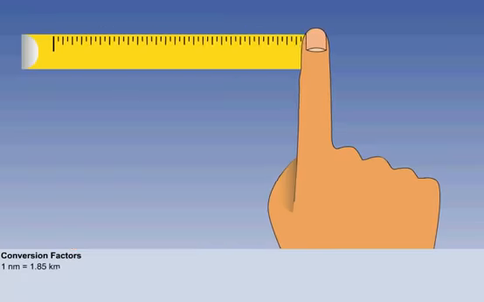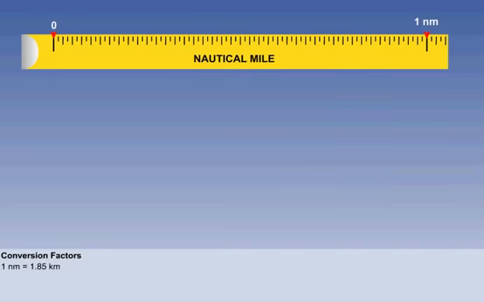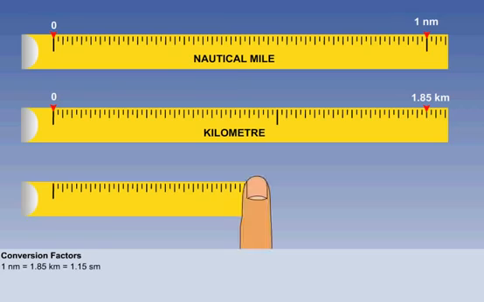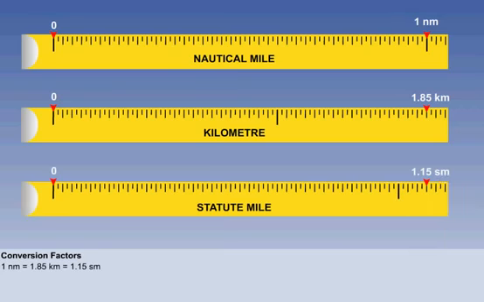We have proved that 1 nautical mile is approximately equivalent to 1.85 kilometers. 1 nautical mile is also the equivalent of 1.15 statute miles. These conversion factors for the nautical mile are important and should be memorized.